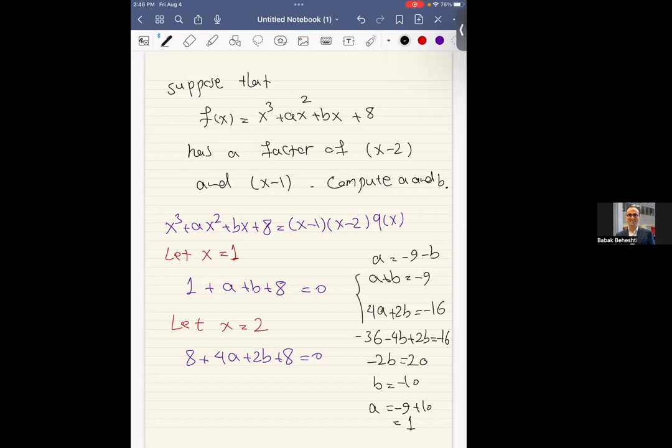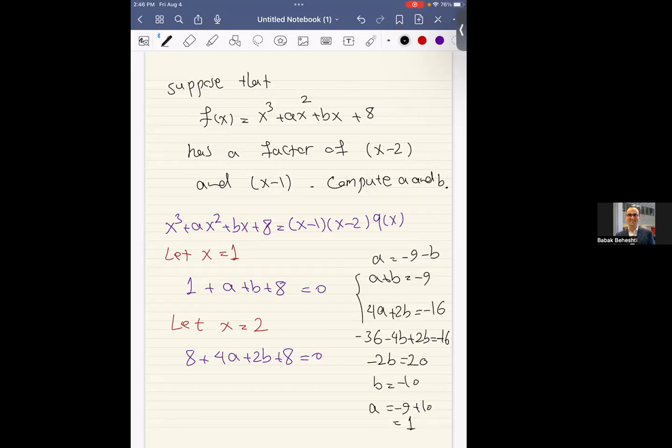Where did you get -36? 4 times 9 is 36. This is just substitution. Okay, so B is -10, A is 1.